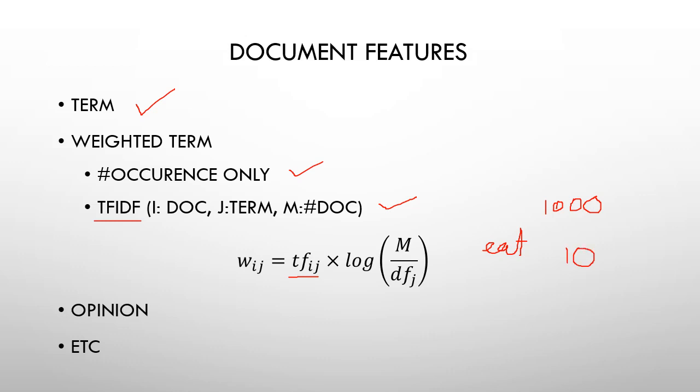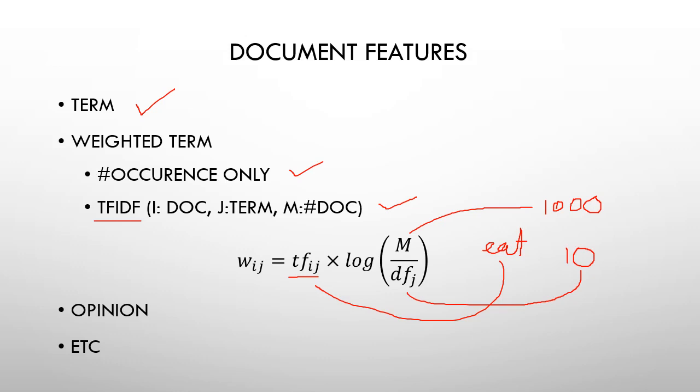In this case, M is 1,000, and 10 is the number of documents containing the term.